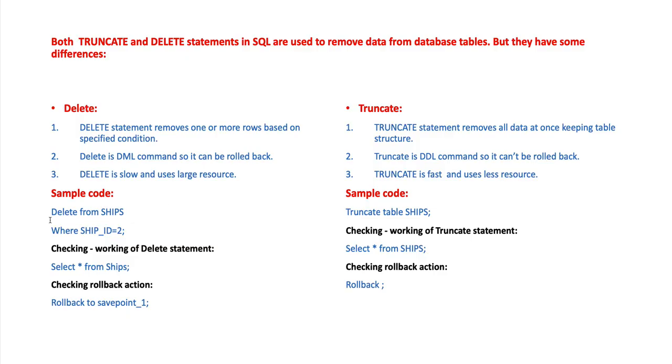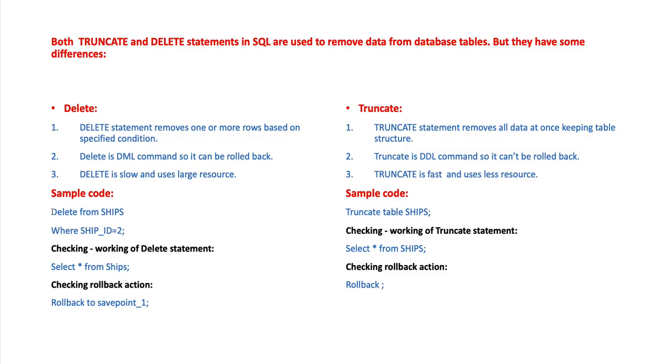Sample code is given here where we can use the delete statement to delete certain rows from the given table. Next, we can check whether it has been deleted or not. Then finally, we can check the working of the rollback action in the case of delete. Let me go through the first code.